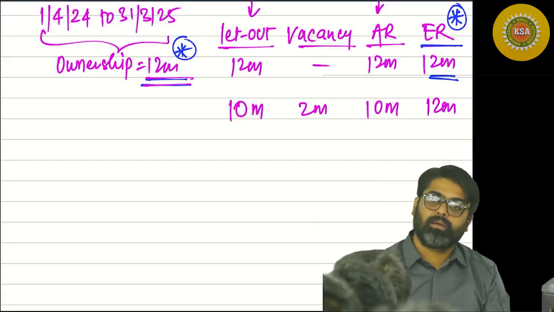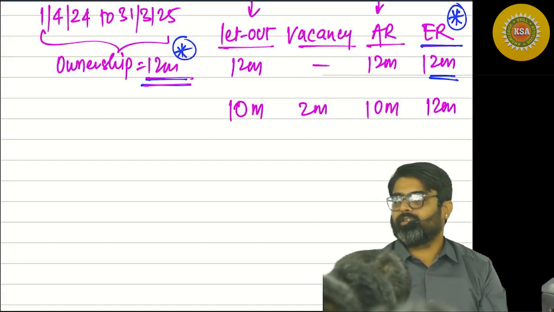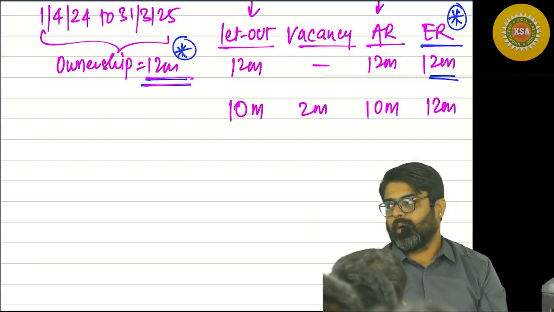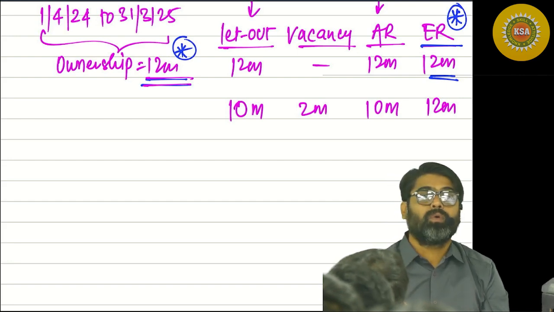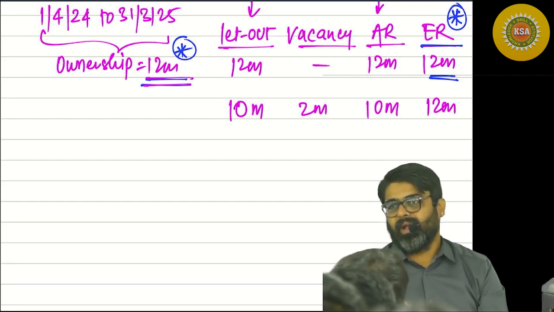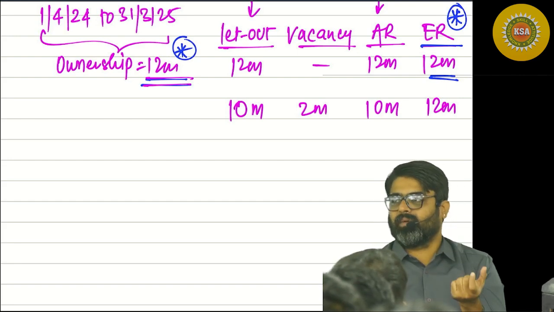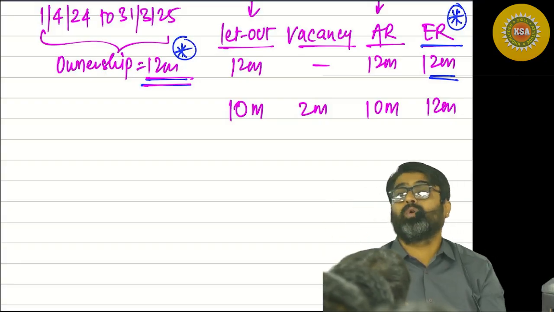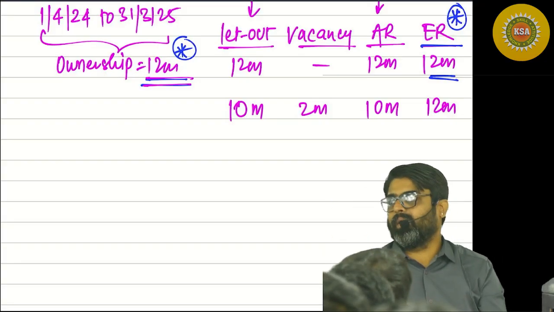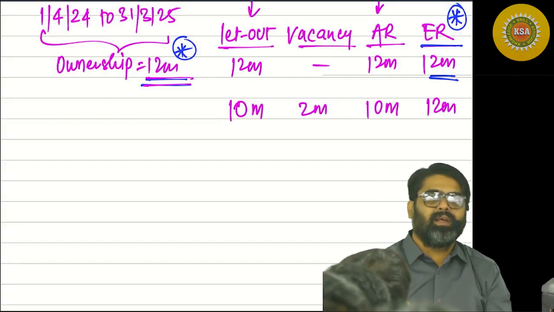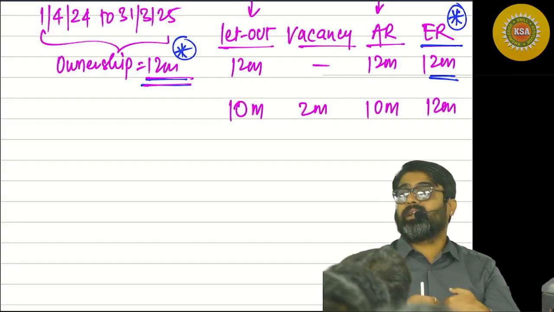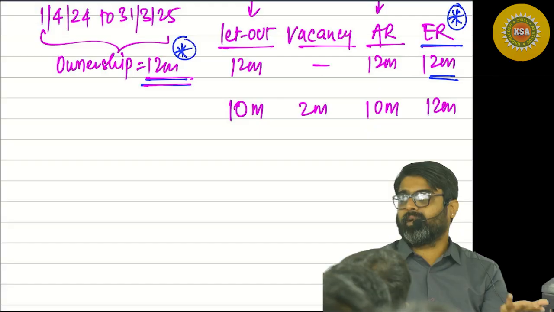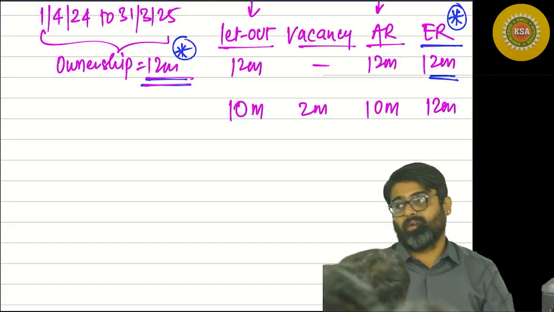Whichever is higher, the comparison will be absurd. Comparison will not lead you to a logical answer. Why? Because one amount is only for 10 months and another amount is for 12 months. This comparison will give you illogical results. Getting my point? So you cannot directly say actual rent or expected rent, whichever is higher.